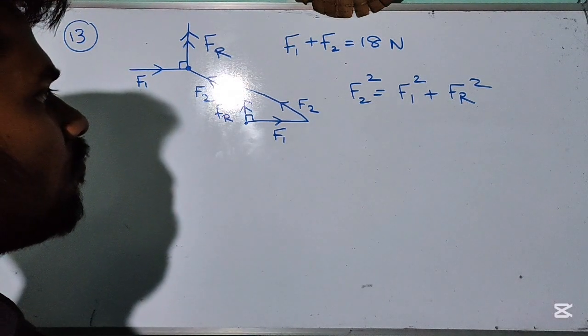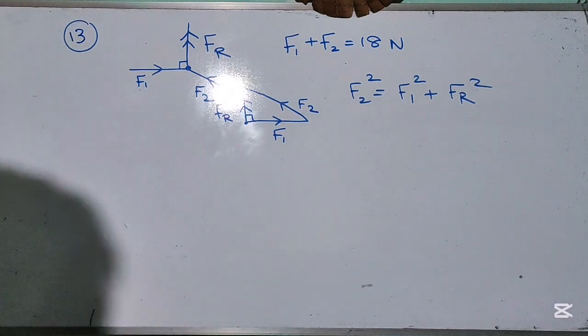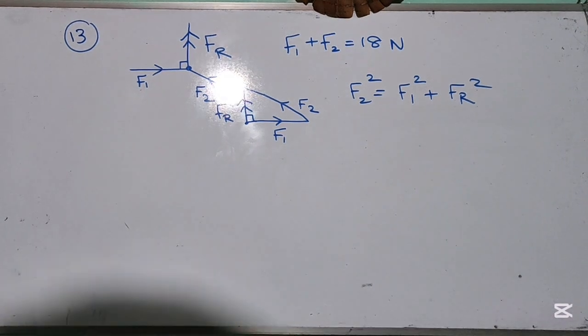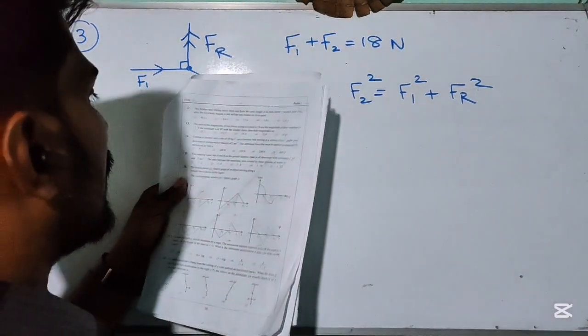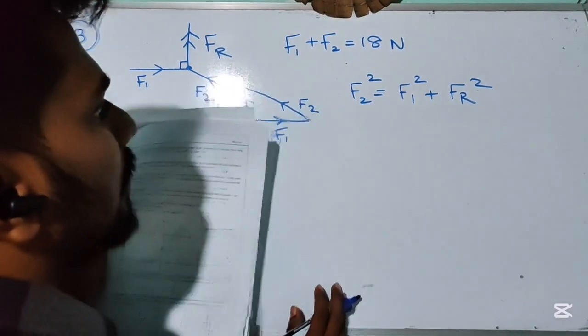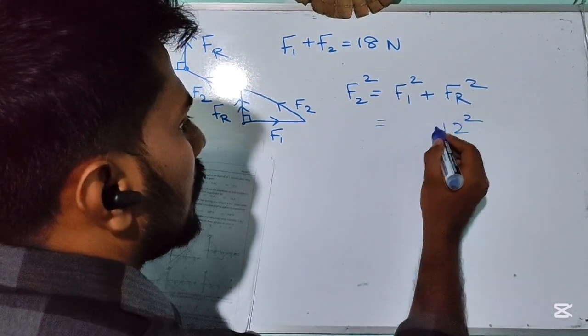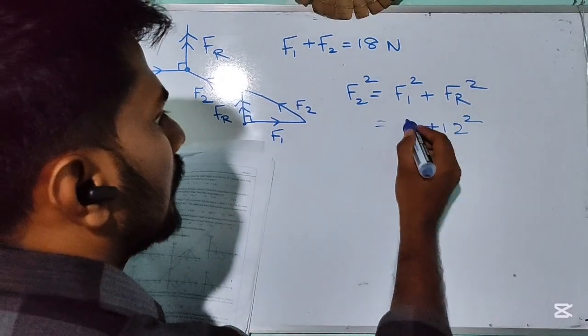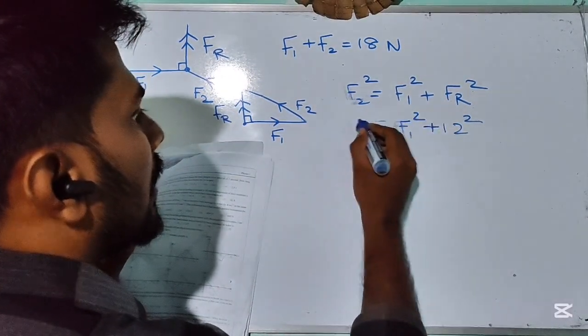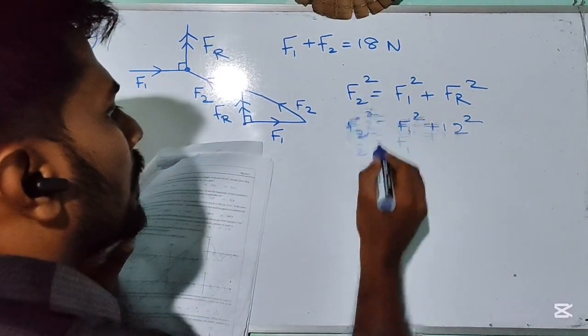The question gives the resultant value. Resultant value is 12. So we don't know F1 squared, and we need to find F2 squared.